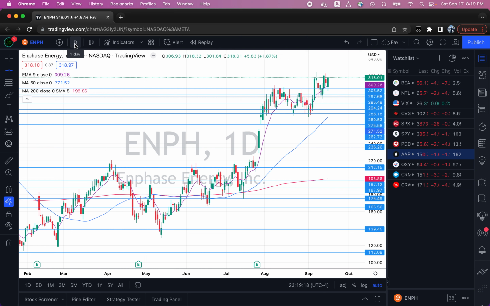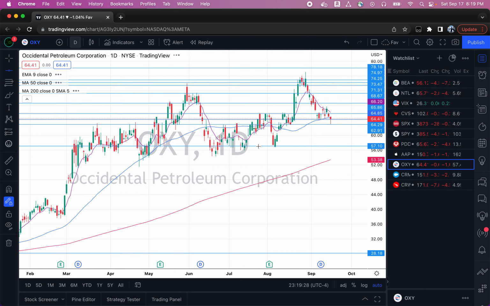Sometimes what I do is, let's say for Oxy, although I had puts, I actually played calls to hedge this position. I saw this tagging the 50 MA, so I got the weekly calls, but I have 2 week puts actually.